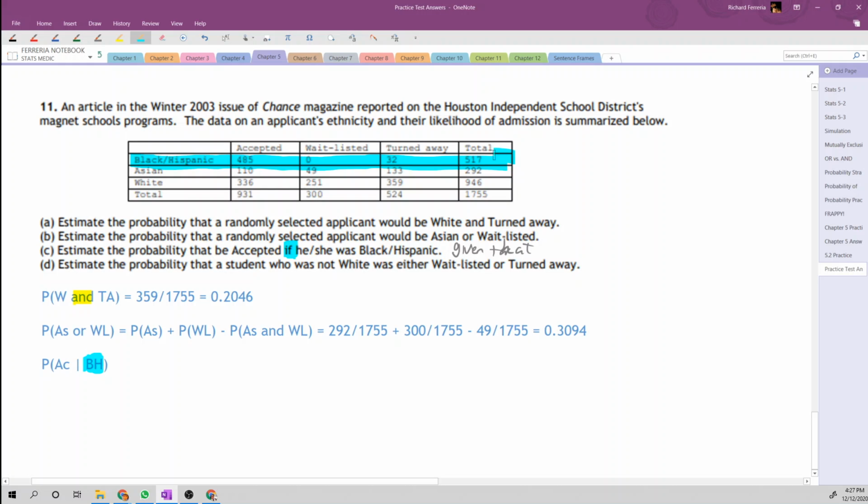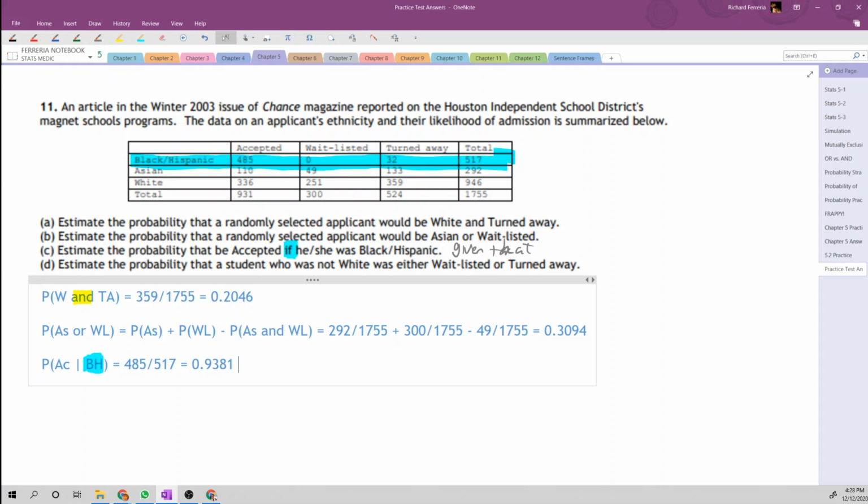And the quick way of doing this is if you're just looking at that line, how many of those students were accepted? That's 485. How many students in that line? That's 517. So that's the quick way of doing that. There was a 93.8 percent probability of being accepted into a Houston Independent School District magnet school if the student was Black or Hispanic.